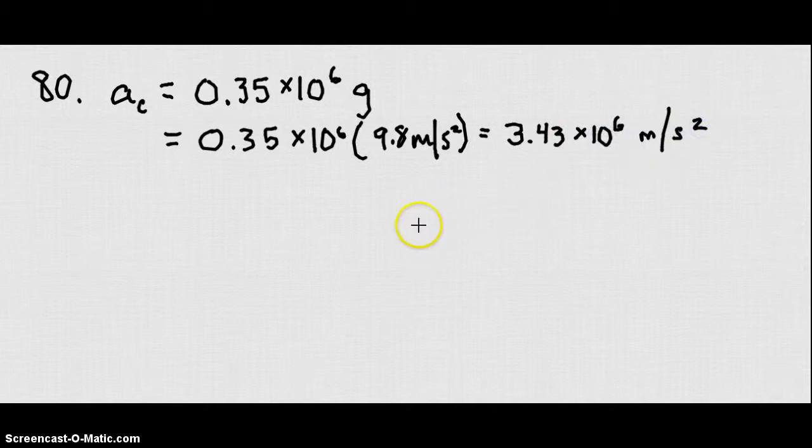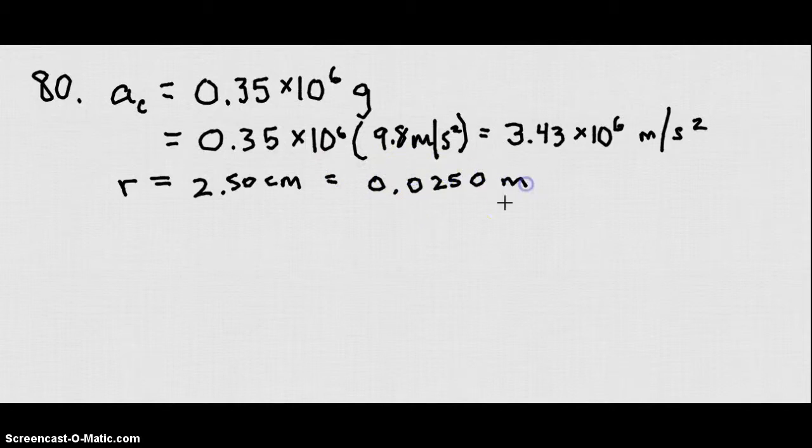So that's our centripetal acceleration, and we know that that's happening at a distance 2.50 centimeters from the axis. So in other words, our radius is 2.50 centimeters. Let's get it in the same unit as our acceleration, which would be 0.025 meters.